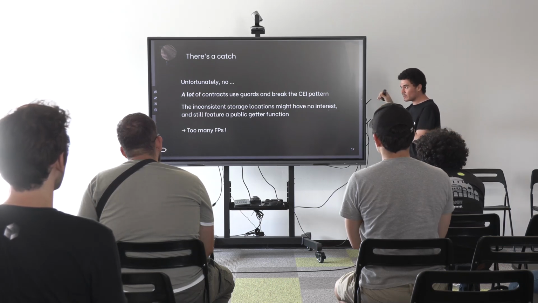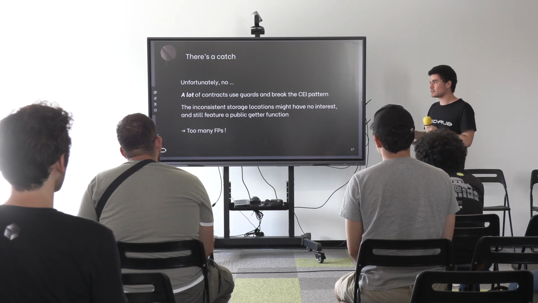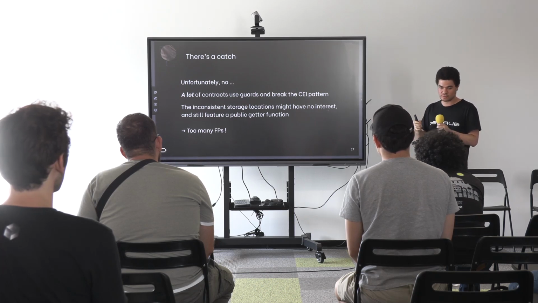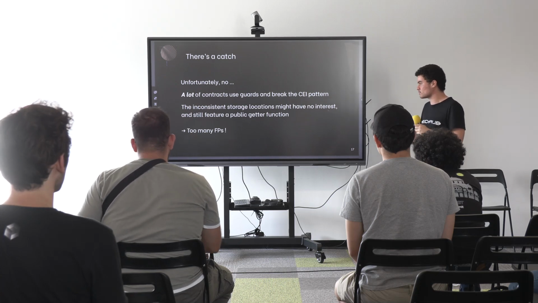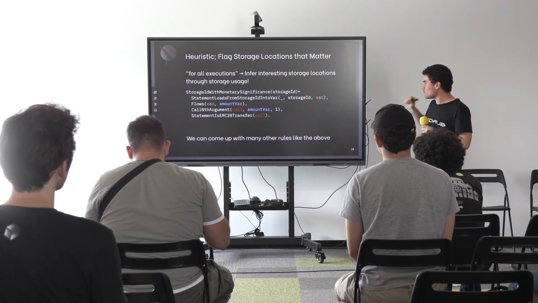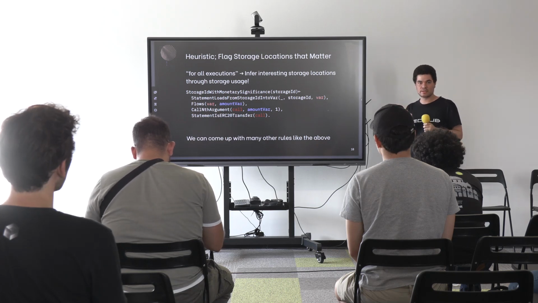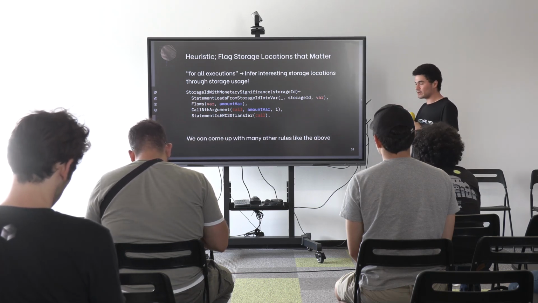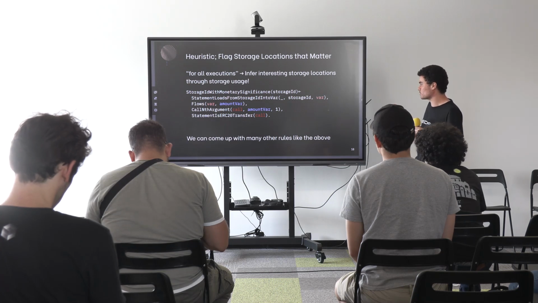public functions that read those fields, and also do not have a reentrancy guard. So a naive analysis will flag many contracts, and this is not suitable for us since we're targeting a low false positive ratio. So what is the heuristic that we might use to try and filter out some false positives?